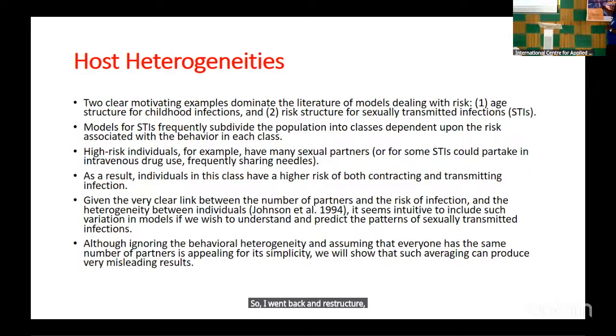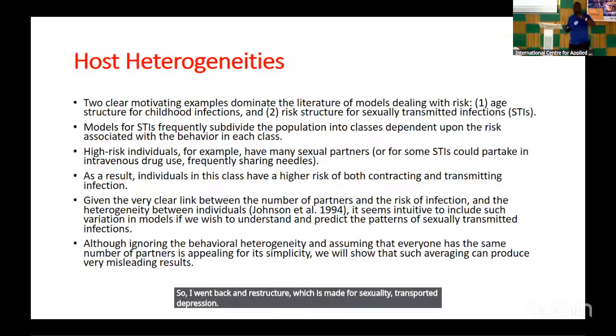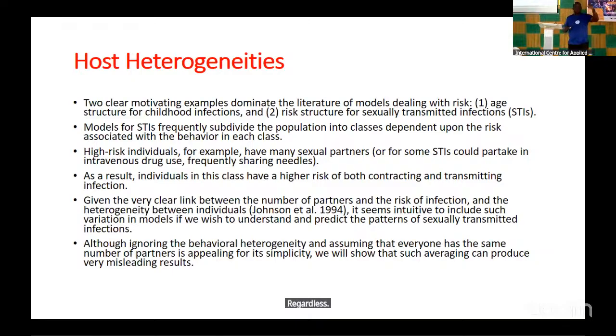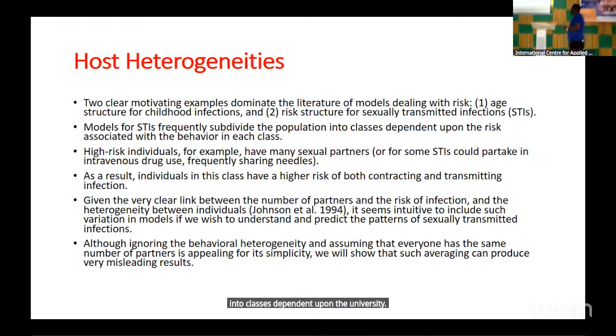Then we have risk structure, meant for sexually transmitted infections, where models frequently subdivide the population into classes dependent upon the risk associated with behavior in that class.